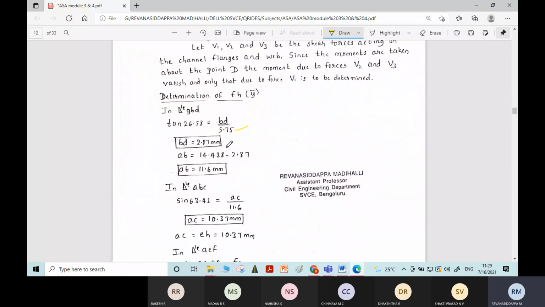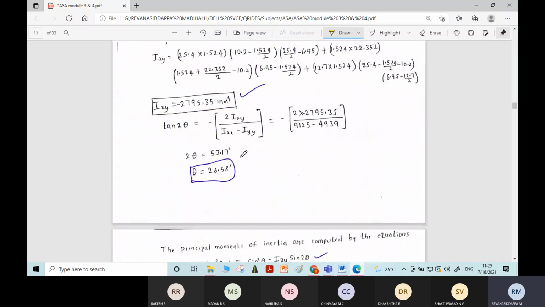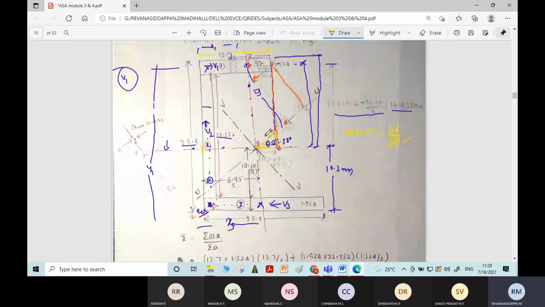So by doing this, you will get the height BD.